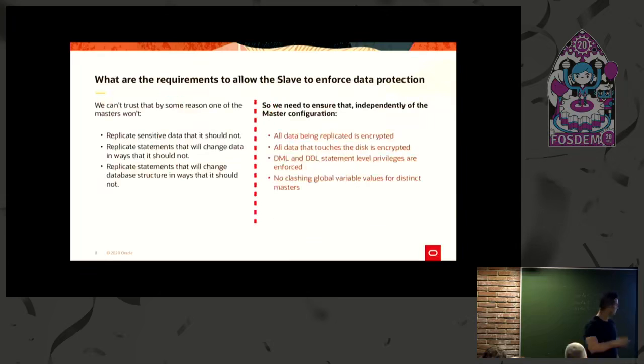We needed to ensure that data is being encrypted, both on the wire and on the disk, that DML and DDL statement level privileges can be enforced on the slave, so that if I don't want data to be deleted from a table ever, I do not accept a delete statement, and that the differences between the servers' configuration, the masters' configuration, do not clash while we are consolidating and aggregating the data.